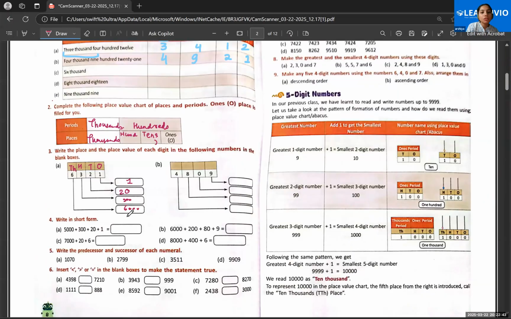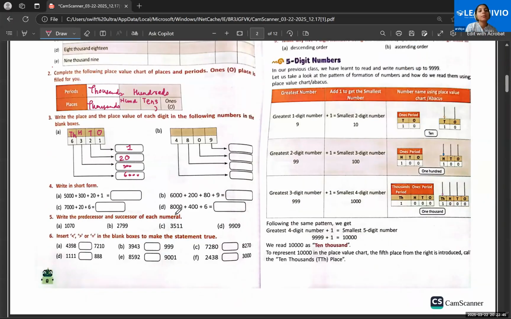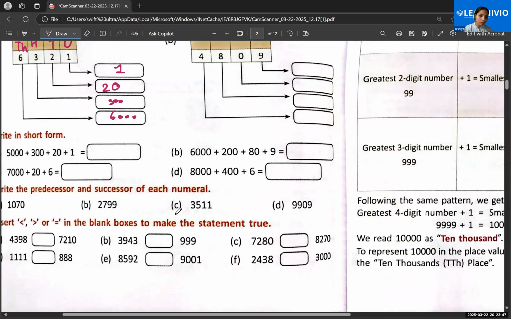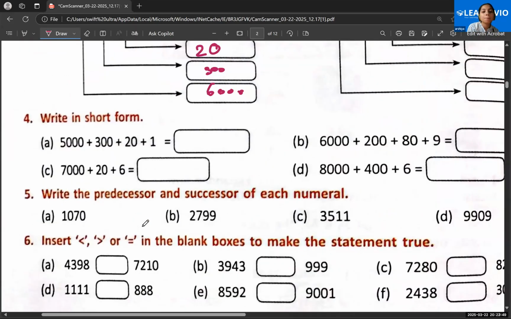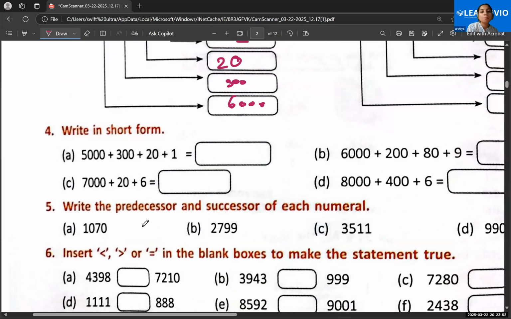Can you tell me question 4? What do you understand by question 4? Can you solve it? We have to write those in short form, like 5,321. Very good. So I will write it as 5, 3, 2, 1 like this, right?